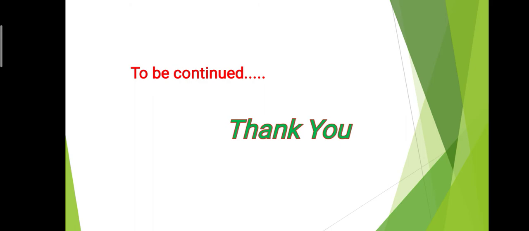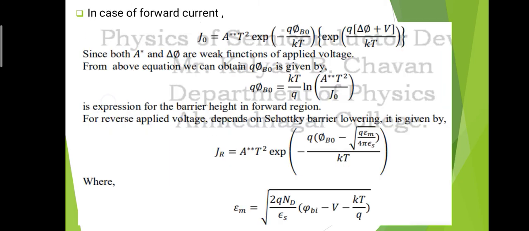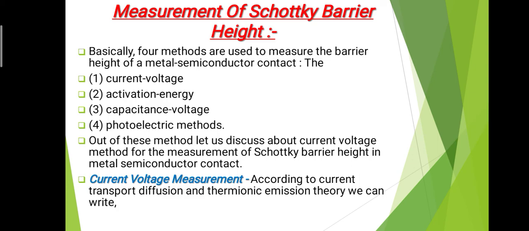So this is the required expression for the barrier height, and we consider this variation of the barrier height with the help of the current voltage method. That means here we take only two parameters, the current and voltage, and according to that we studied the variation in the barrier height. Similarly, other methods like activation energy, capacitance voltage, and photoelectric methods are also used for the measurement of the Schottky barrier height, but we are not going into detail.